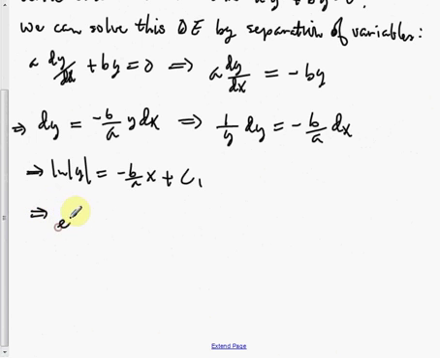And so this becomes e to the natural log of y is equal to e to the negative b over a times x plus c sub 1.